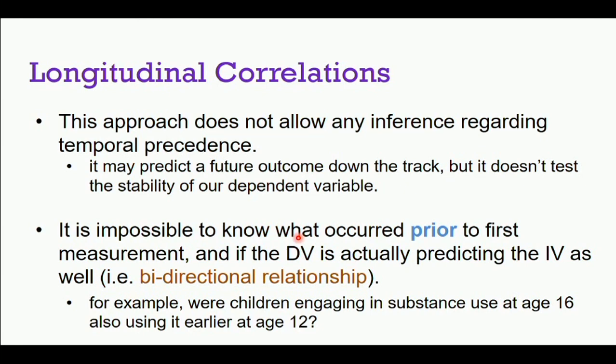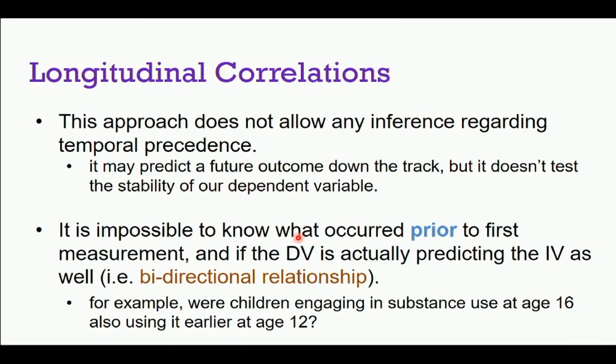And we want to see whether their impulse control disorders at age 12 are going to predict their substance usage at age 16. Okay, so we take a measurement of our IV at age 12, predict into the future, make the hypothesis, wait 4 years, and we measure it and see whether one explains the other.